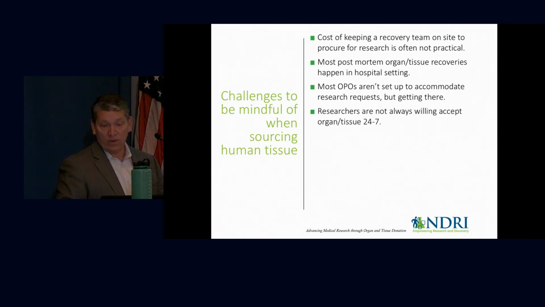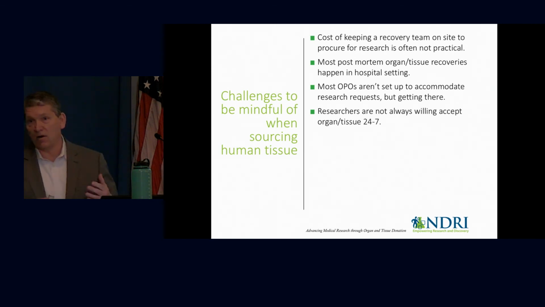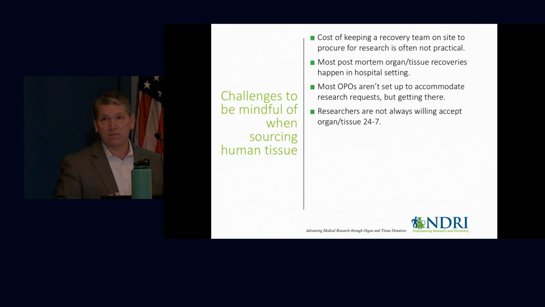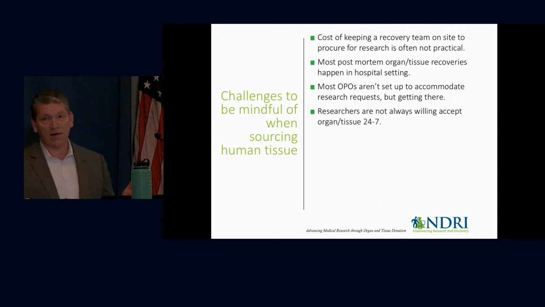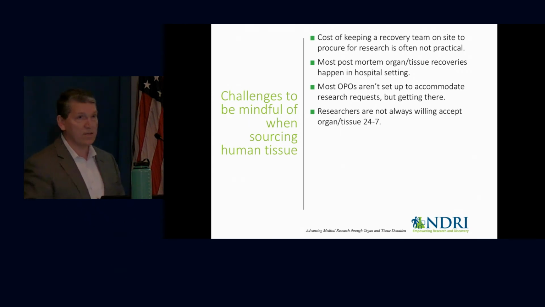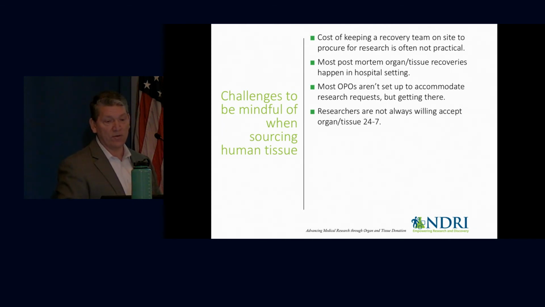Researchers are not always willing to accept organs or tissues 24/7. So say a researcher comes to me, they're interested in getting a heart for a study, or maybe probably a bad example, a Parkinson's brain. We explain to them, the OPOs aren't in the business of recovering brains, they're in the business of recovering organs, but we know some organizations, whole body programs and tissue banks that might do it for us.